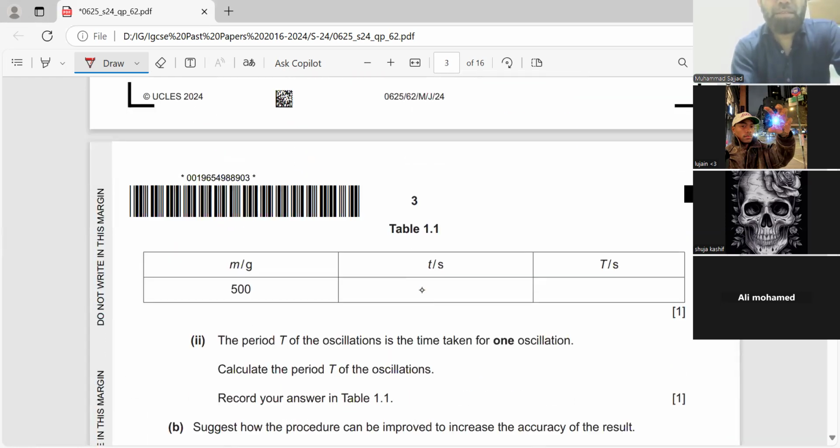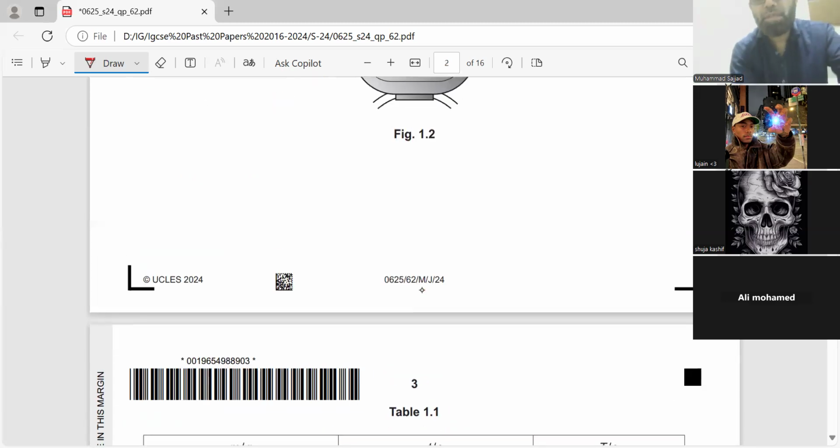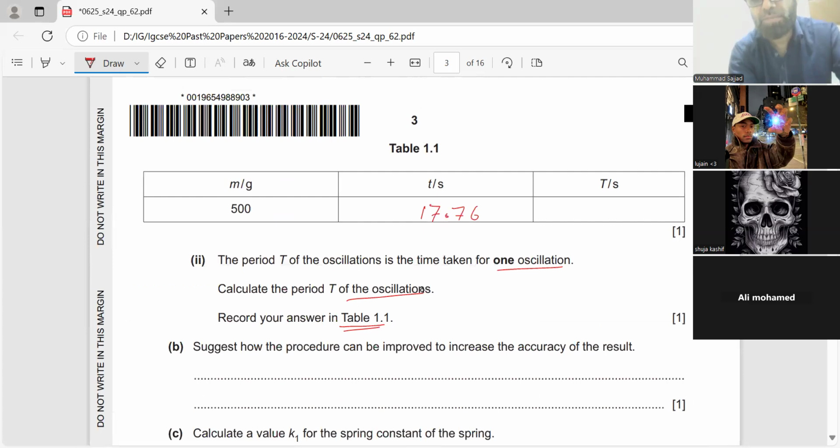The period T of the oscillations is the time for one oscillation. Calculate the period T of the oscillation and record your answer in table 1.1.